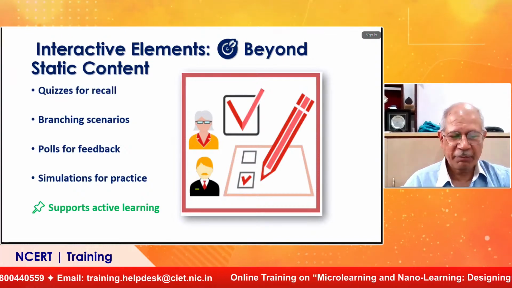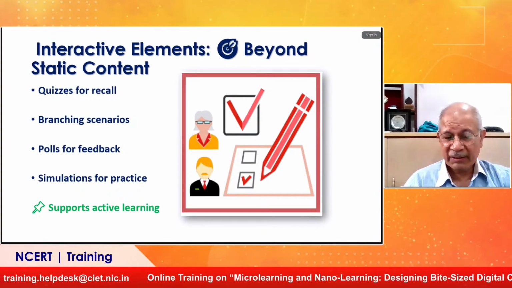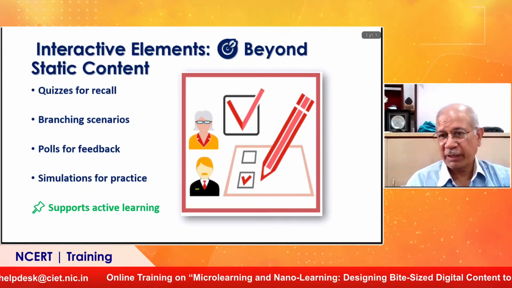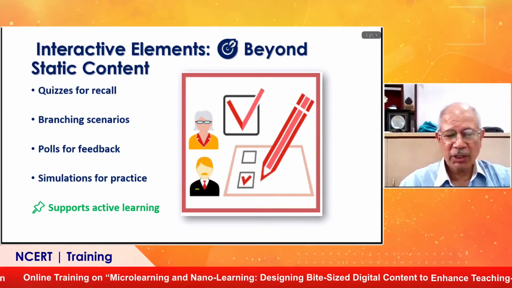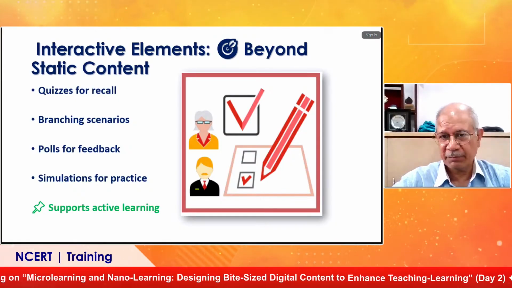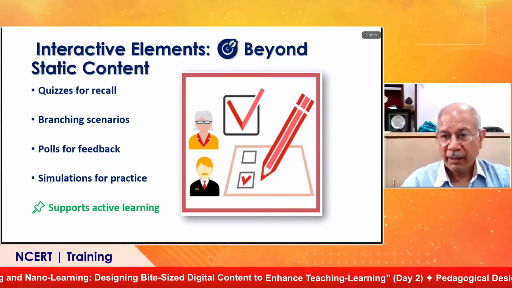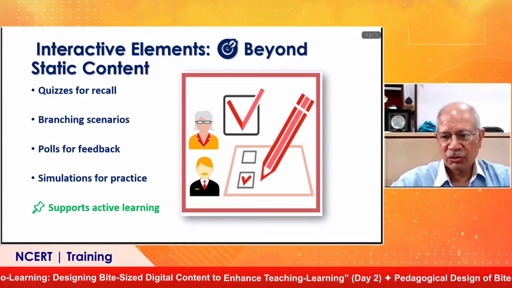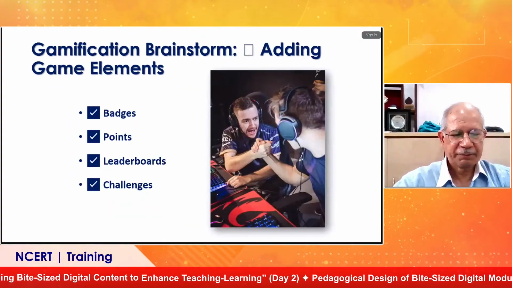Similarly, Coursera has quizzes after every 3 or 5 minute video. This approach aligns with the NEP call for continuous formative assessment, so that we can keep on checking, and it supports active learning when we are dealing with a content package.